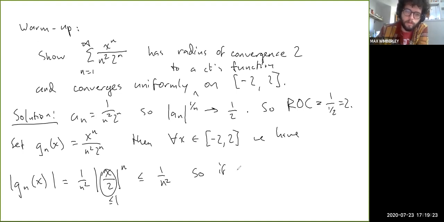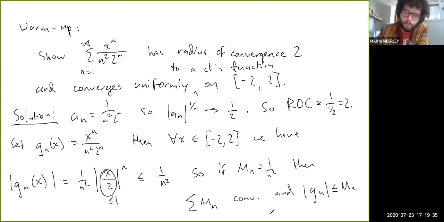So if M_n is 1 over n squared, then the sum of M_n converges, and g_n is less than or equal to M_n on S, if S is this interval. So the M-test tells us that the convergence is uniform.